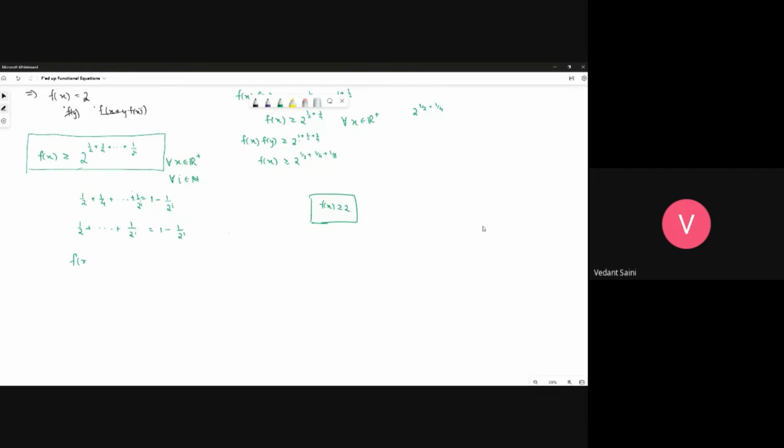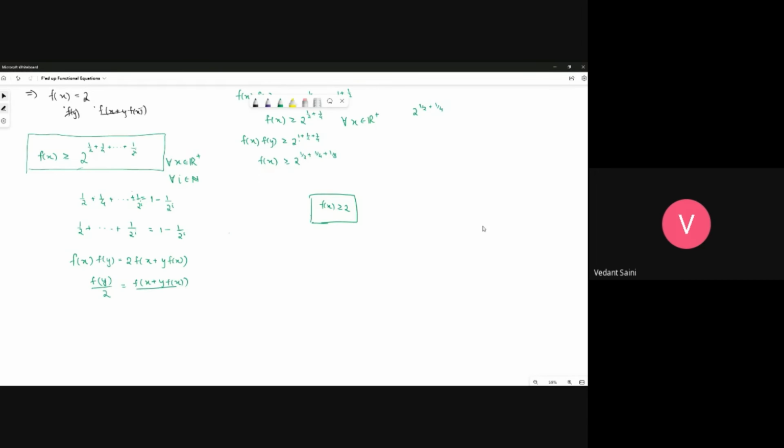The original functional equation was, we can write this as a fraction.